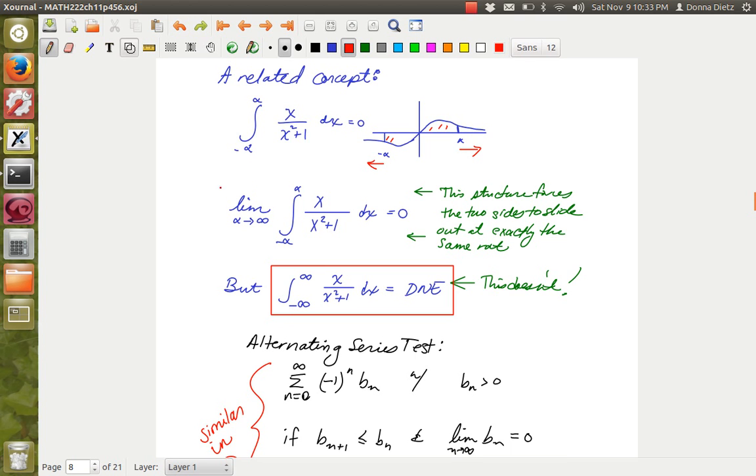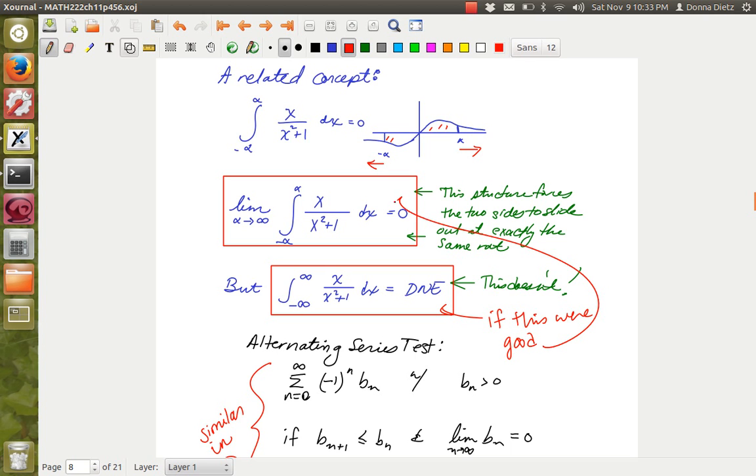But this question over here is asking something very different. If this were a good function and good limits, everything worked out, then the other one too is good. But that's not what happened.